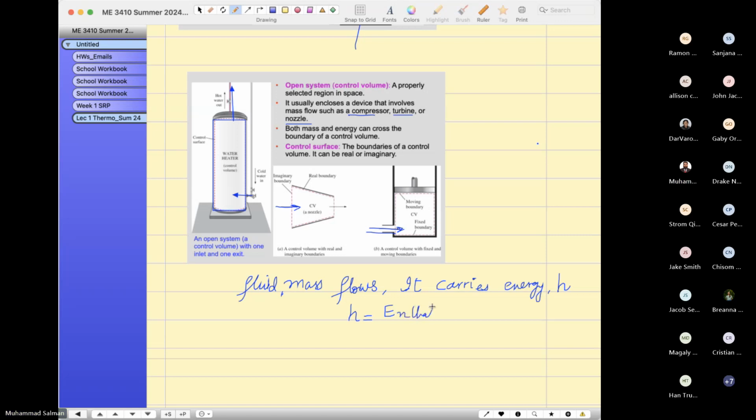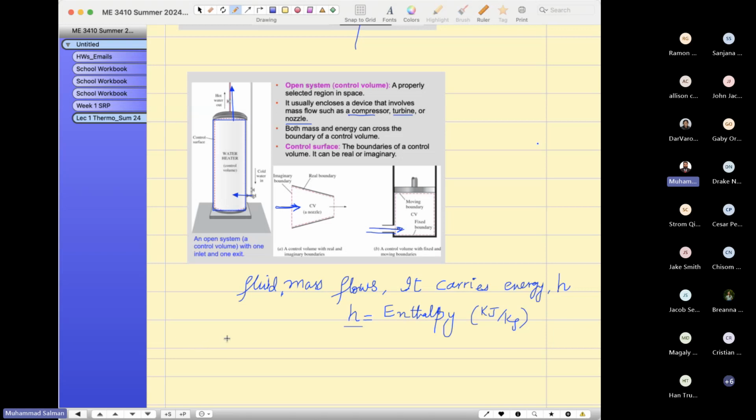Enthalpy is the energy. For example, water in a water hose has a temperature, suppose 60 or 70 Fahrenheit, and it has enthalpy. The unit is kilojoules per kilogram.